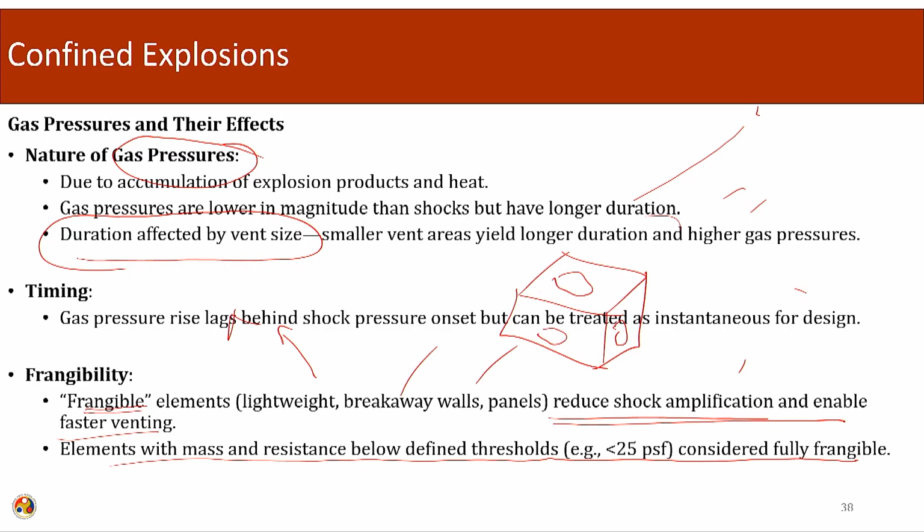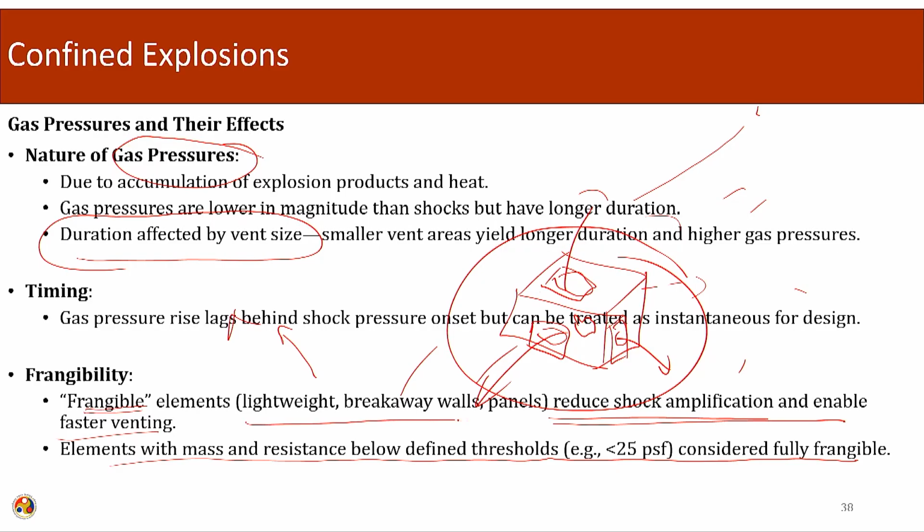So here, instead of vents, these frangible elements are put. For normal operational conditions, dead load, live load, earthquake load, wind load, they will behave as a single unit. But when an explosion occurs, this frangible element will fall apart, and they will act as a venting measure.